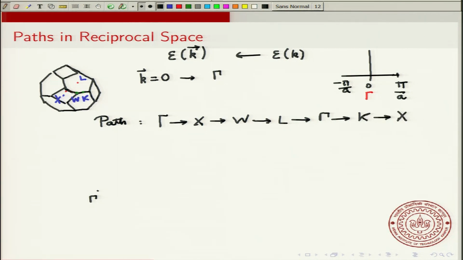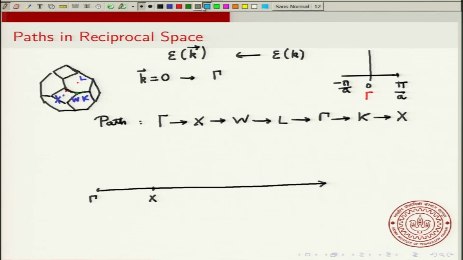That means in your axis, this is your k axis, you start at the gamma point, then you go along. That means you go from the center, you come out to the point X along a straight line. Then from X you go to the point W, again along a straight line.